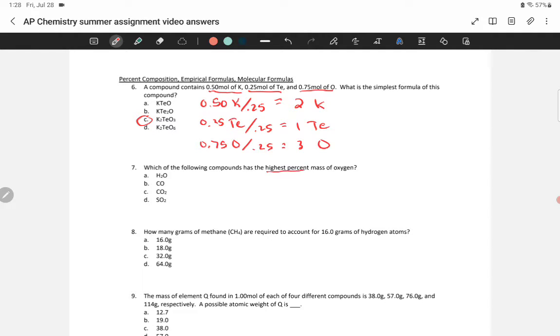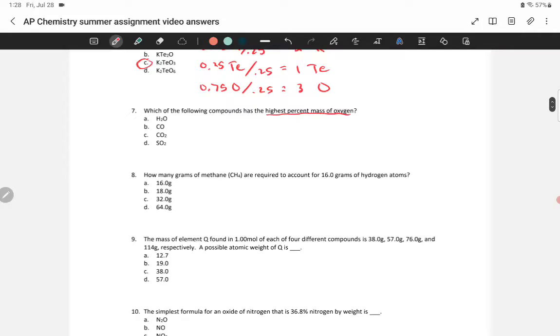Highest percentage of oxygen by mass. So that means it has to have the most oxygen compared to the rest of the molecule. So you'd want oxygen to have a lot of mass and the rest of the compound to have relatively low mass.